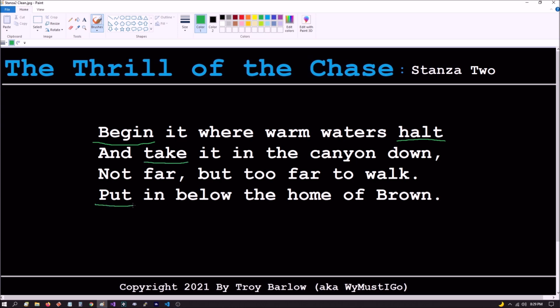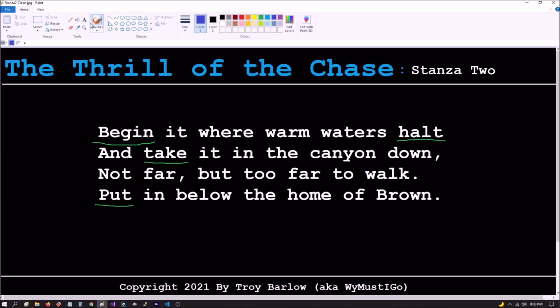And this one here, we have a verb called put. Now, I'm going to make a change to this when we get down here, and I'm going to explain why. But for starters, let's start up here. So there are all the verbs that we have in our poem so far, just based on first look. We got begin, we got halt, we got take, and then we got put.